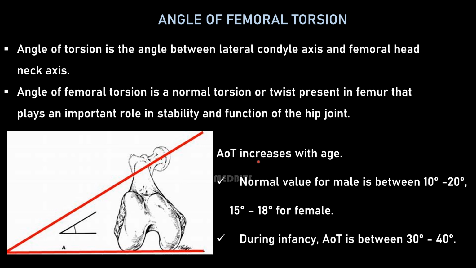The angle of torsion decreases with age. The normal value for males is 10 to 20 degrees, and for females it is 15 to 18 degrees. During infancy, the angle of torsion is between 30 to 40 degrees.